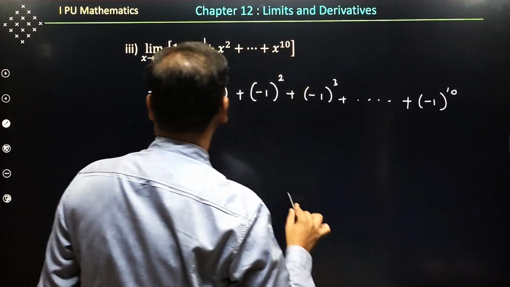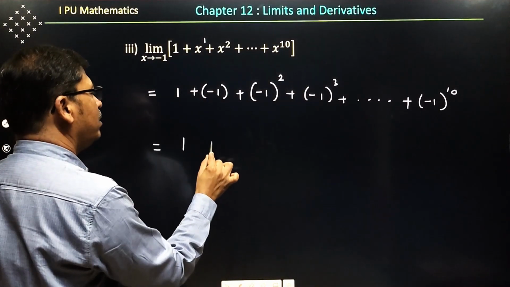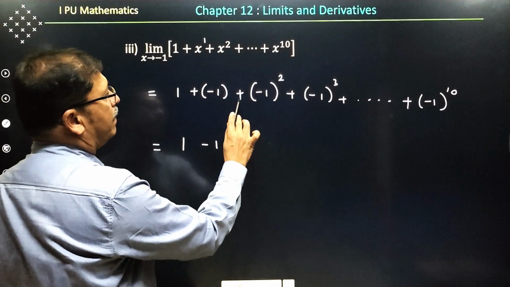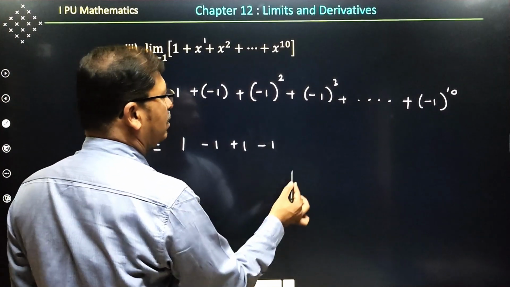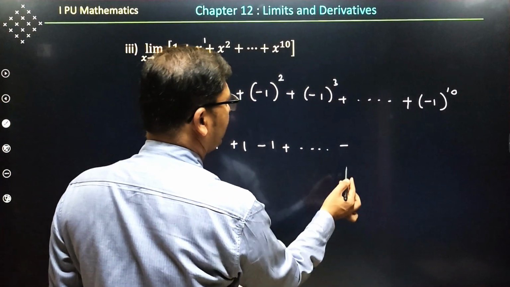So what we can write here? 1 we can write, next first term is minus 1, minus 1 square becomes plus 1, so next one is minus 1, and so on. What can we write here?